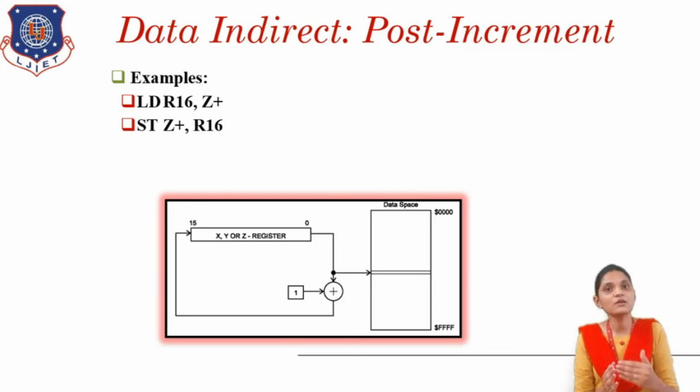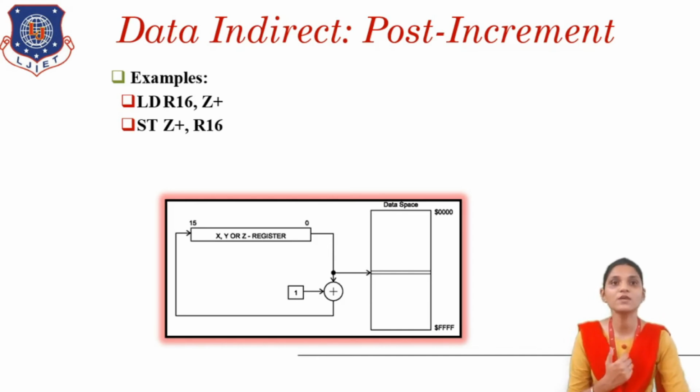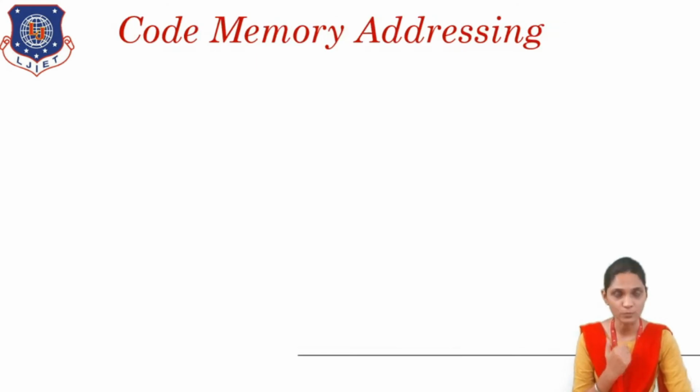In pre-decrement, we are decrementing the content first and then storing or loading. But while we are using post-increment, we first load or store the data, and after that we increment or decrement the pointer registers' content. X, Y and Z are your pointer registers. Okay, so this way we can use the data indirect post-increment addressing mode.